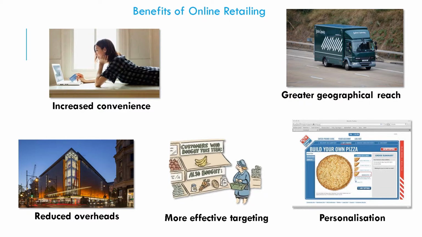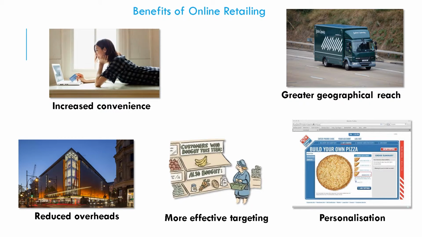It's being done by the consumer on the website, and then they simply have to assemble the pizza in store. So lots of benefits of online retailing. More convenient, making for greater sales, reduced overheads, minimizing cost, and really effective targeting and personalization, making it possible to perhaps meet customers' needs more effectively, thereby increasing sales.